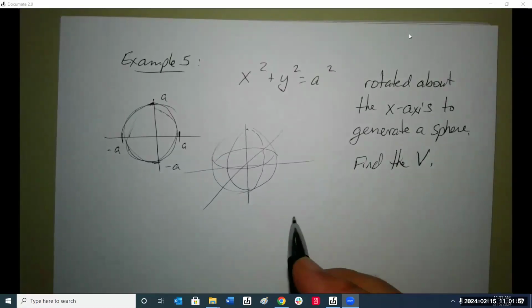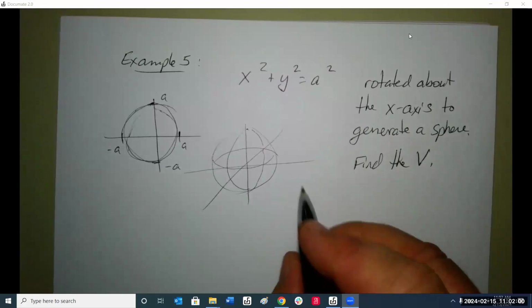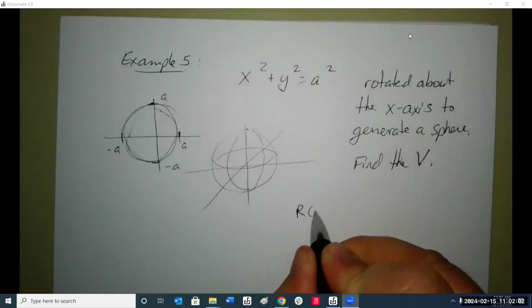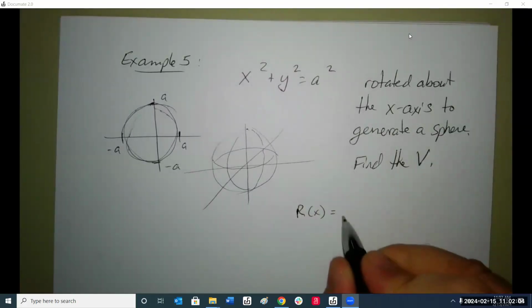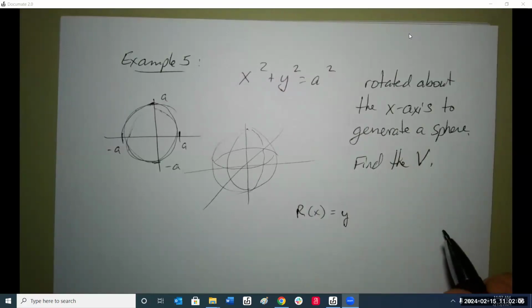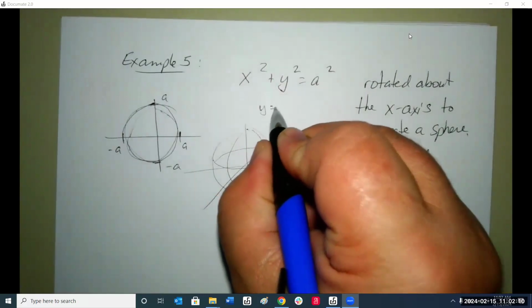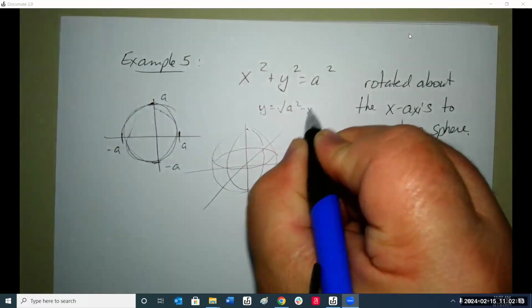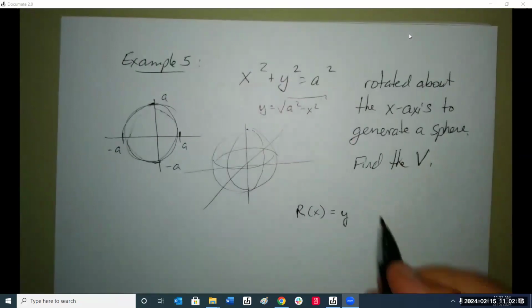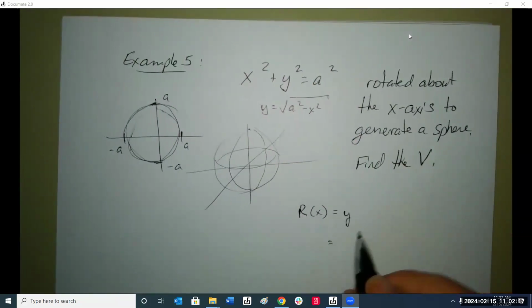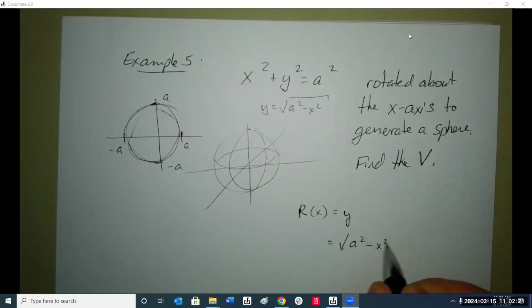Okay, so what do we know? We know the radius is y, which is the square root of a squared minus x squared. We have to get the functions with respect to x and y.